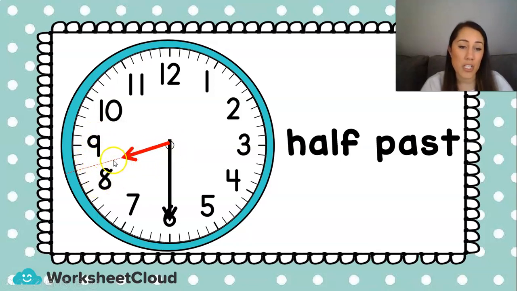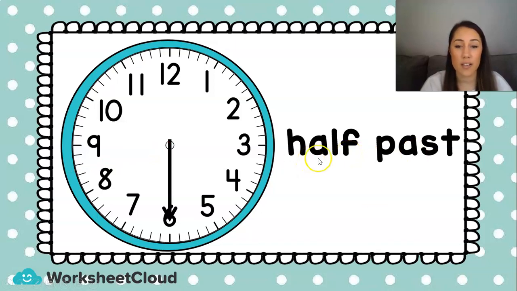If you draw an imaginary little line that continues, you'll see that it is already halfway through, and we always look at the last hour we were working with. So we look at the smaller number, it's between the 8 and the 9, but we look at the 8 and it is half past 8.